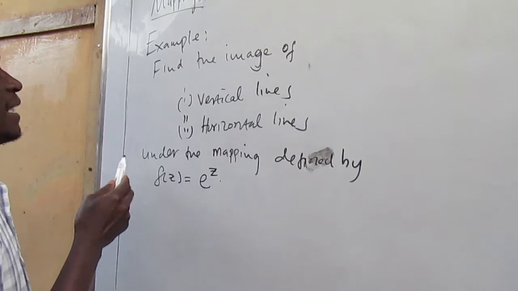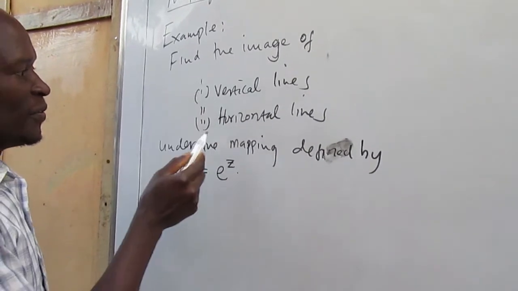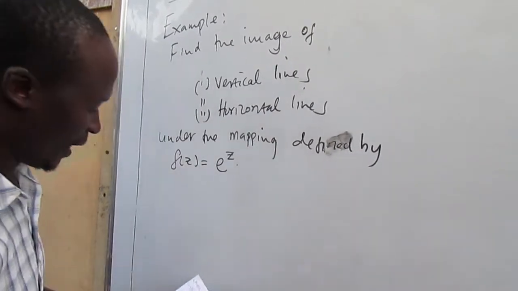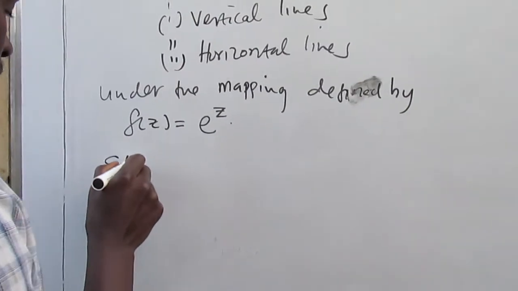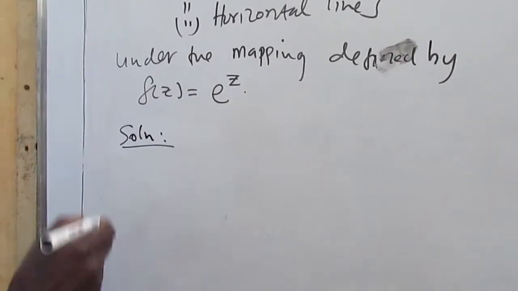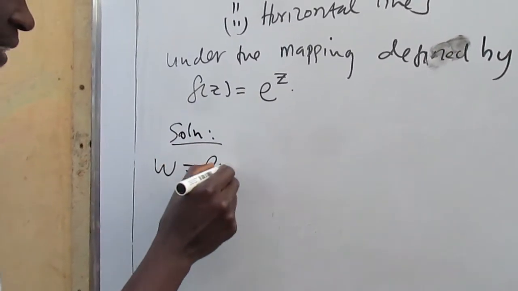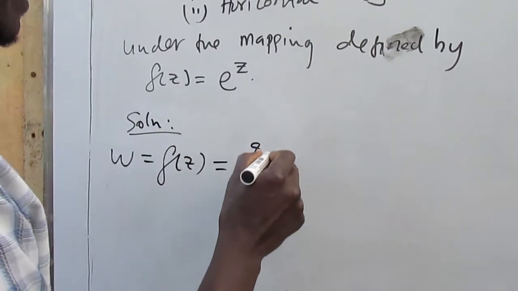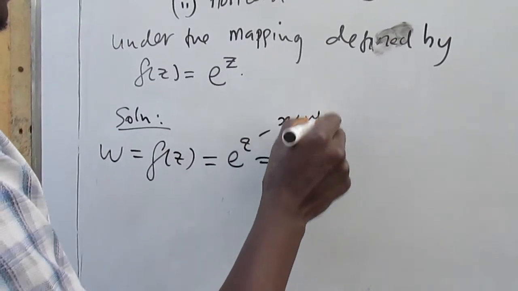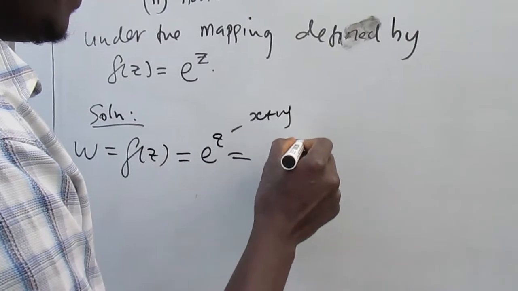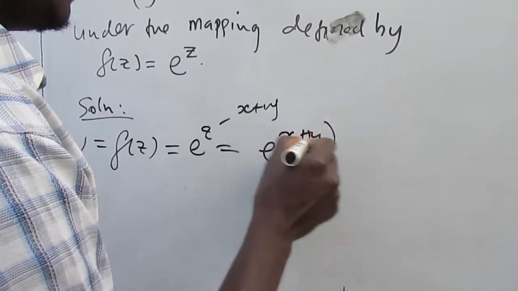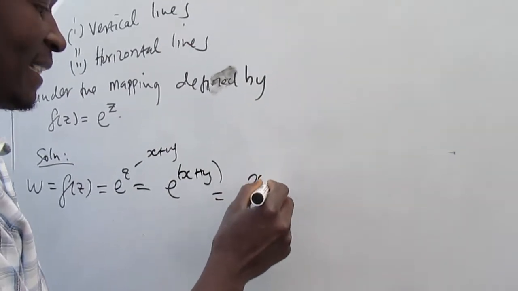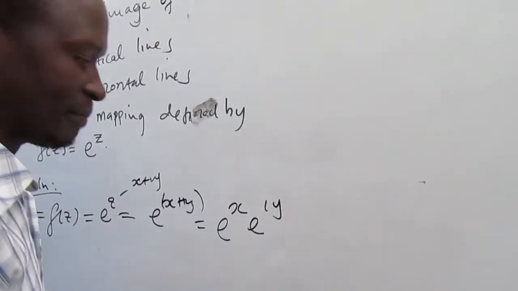So as an example, let us see how to find the image of vertical lines and horizontal lines under this exponential map. And so the solution: this is a function we've been given, that f of z is equal to e to the z, but since z is equal to x plus iy, this is the same as e to the power of x plus iy, which again by properties of elementary functions is e to the x times e to the iy.